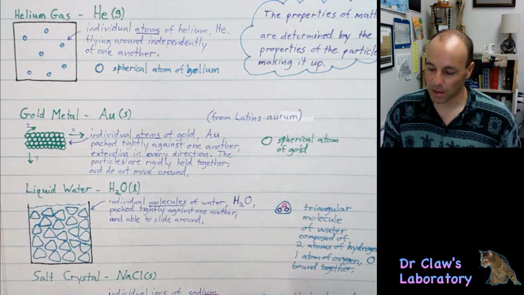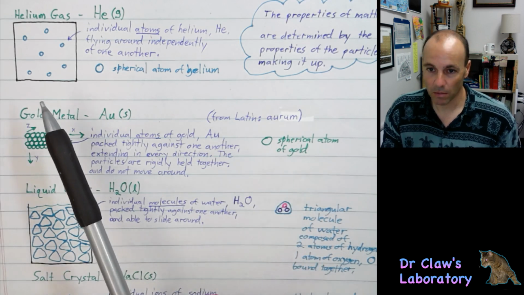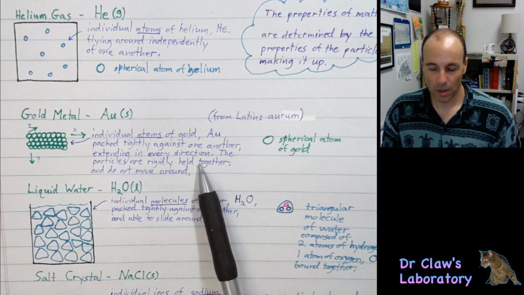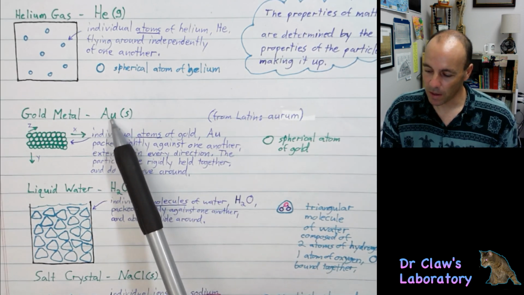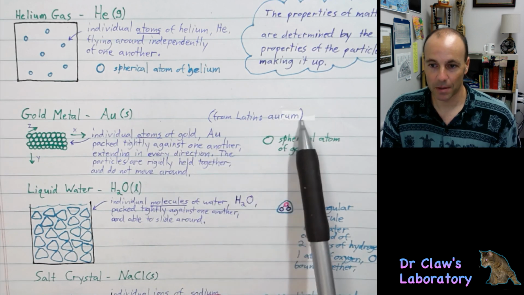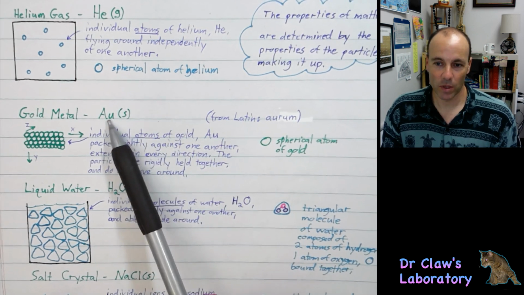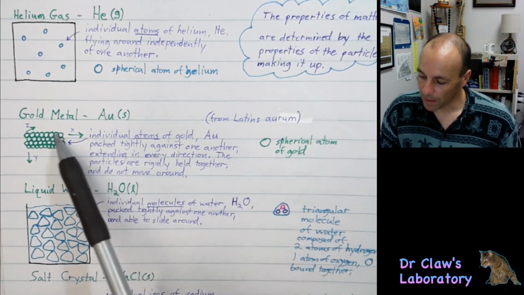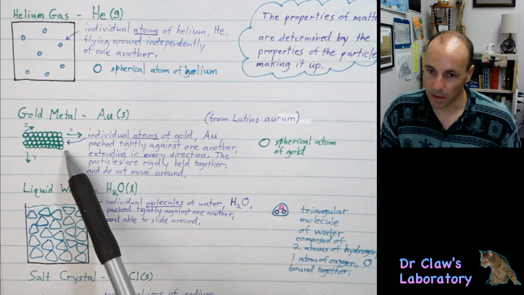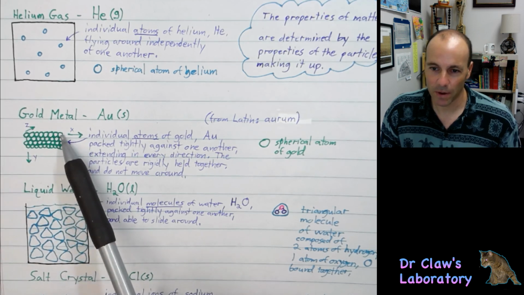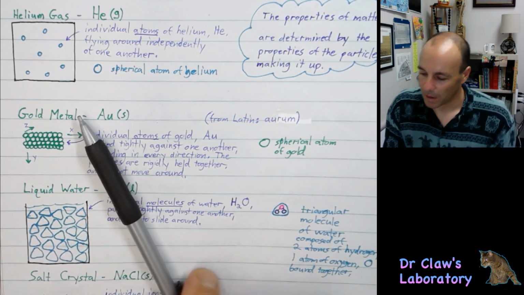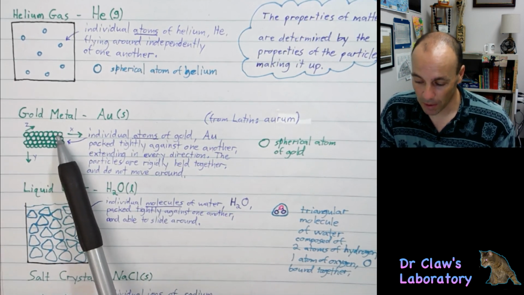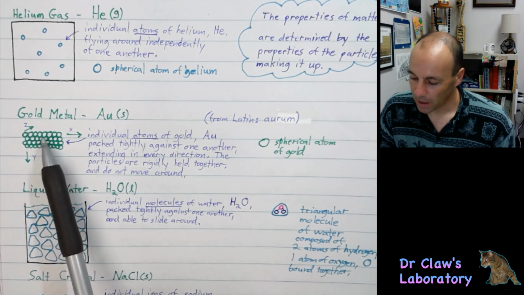Another example is a gold medal, right here. Now, a solid chunk of gold. The symbol for gold is Au, from the Latin aurum, and since it's a solid, we say it's Au, and in parentheses S. Here, if you were able to see the particles in the gold, you would see that the atoms of gold are very tightly packed together. So the individual particles of gold are single atoms, but they're very closely arranged.